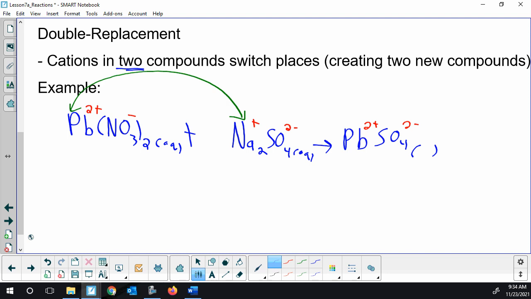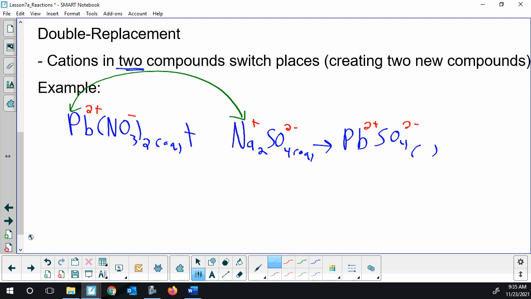This is in water, so we have to use our table to know whether this is going to be an aqueous product or a precipitate, a solid. So you find the negative ion first, you find sulfate. Now sulfate, when you go down, is aqueous with most things except for calcium 2 plus, strontium 2 plus, barium 2 plus, lead 2 plus is right there.